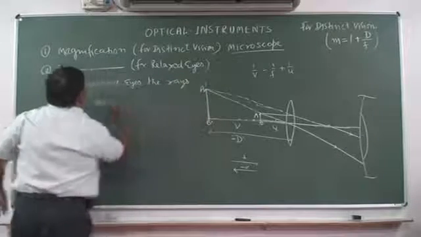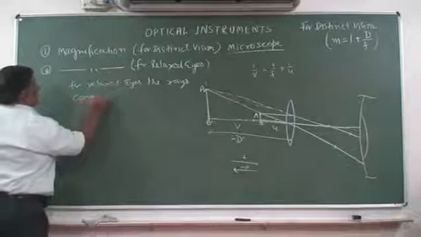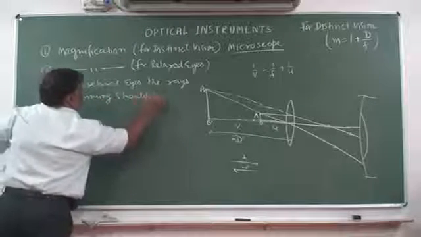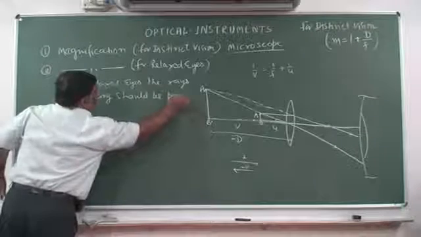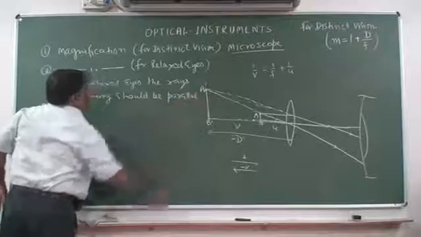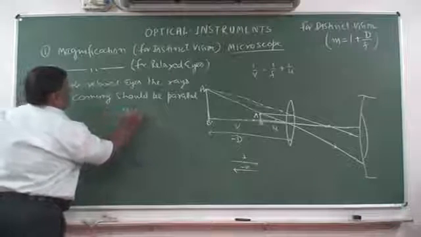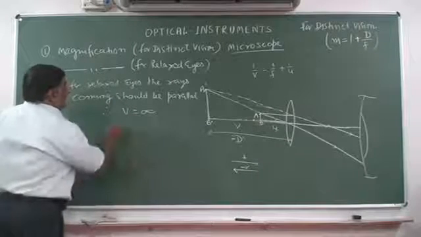So for relaxed eyes, the rays coming should be parallel, that is, V is equal to infinity.